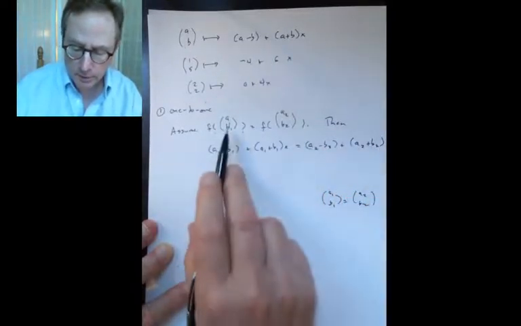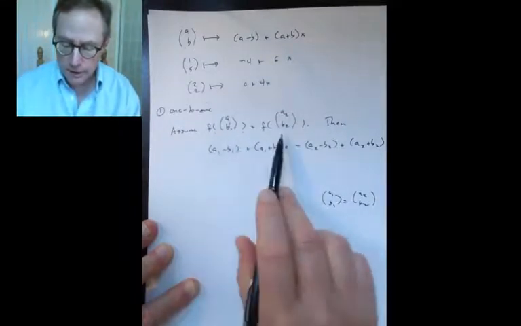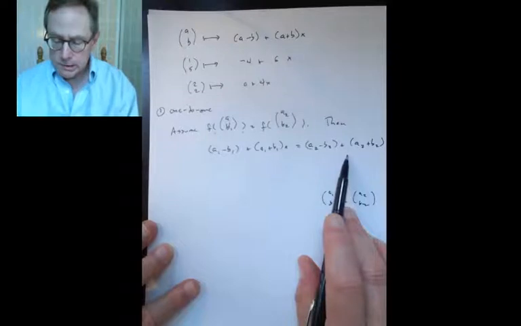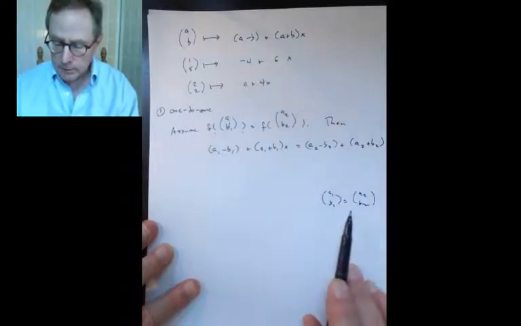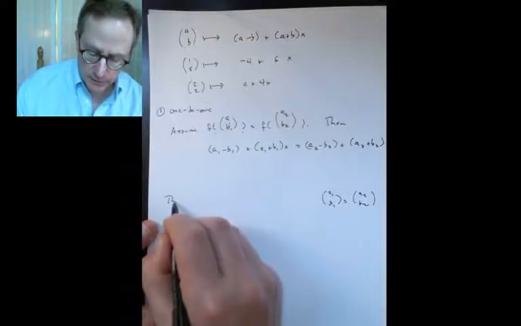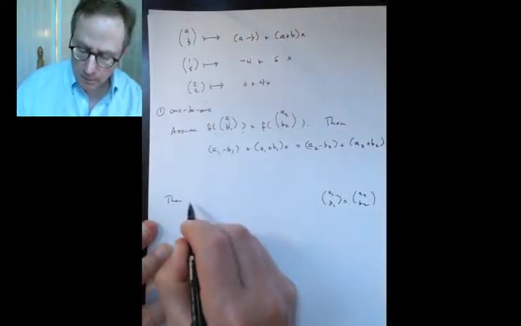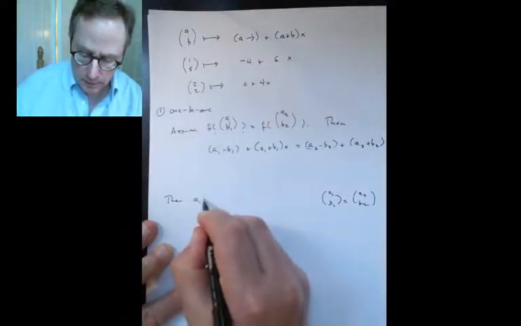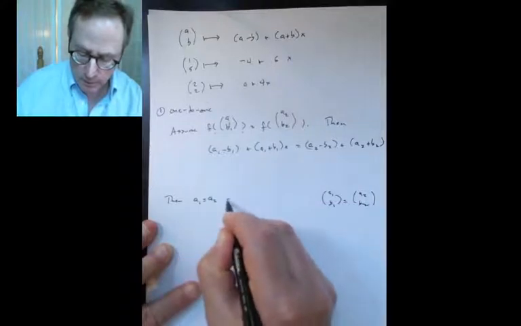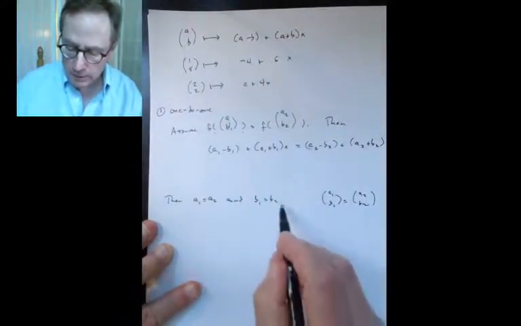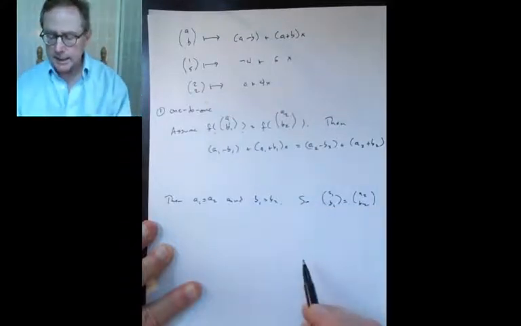Okay, so again, I'm trying to get from here to here. For this, I just wrote in what it equals, that's all. So how am I going to get this? Working backwards, to get that I would need a1 equals a2 and b1 equals b2. That's what I would need.